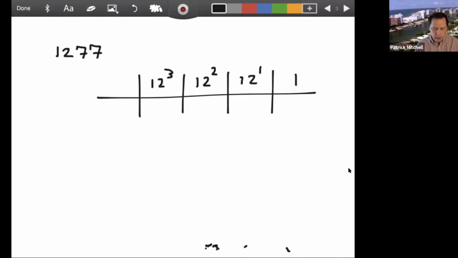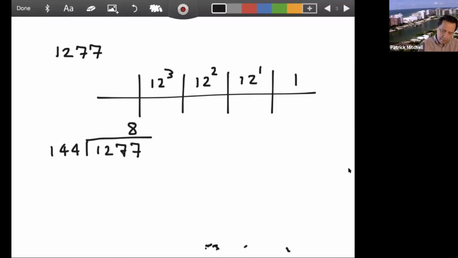Let me just double check. Yes, 12 to the third is 1,728. So we're not going to need any of those. The first place value we're going to need is 12 to the second, which is 144. So the first thing I want to know is how many times does 144 go into 1,277? The answer is 8.